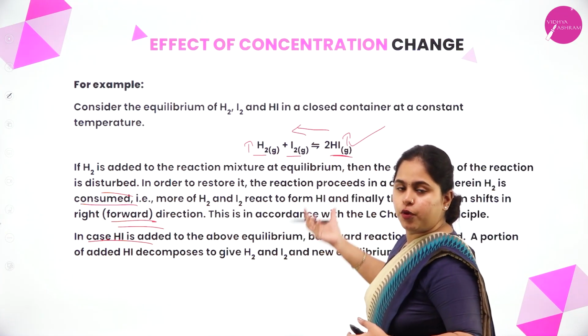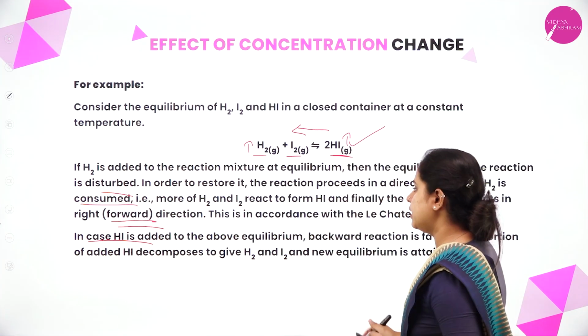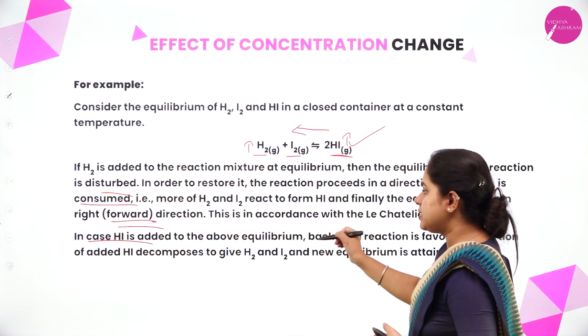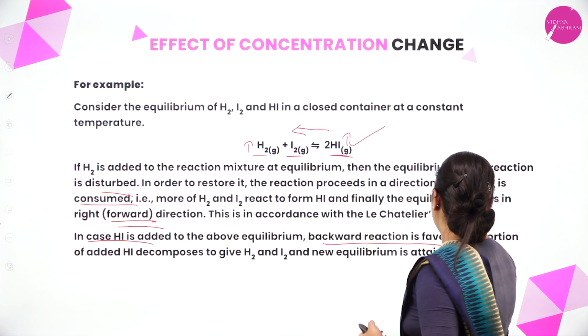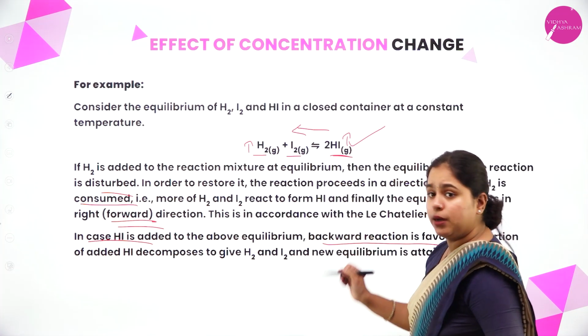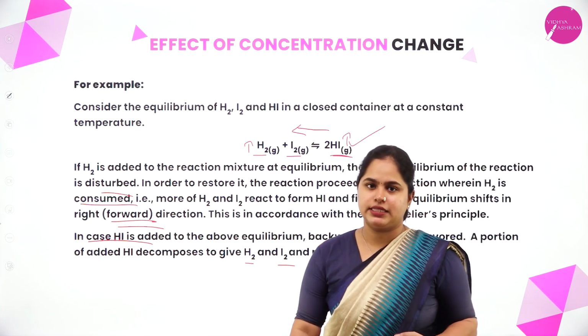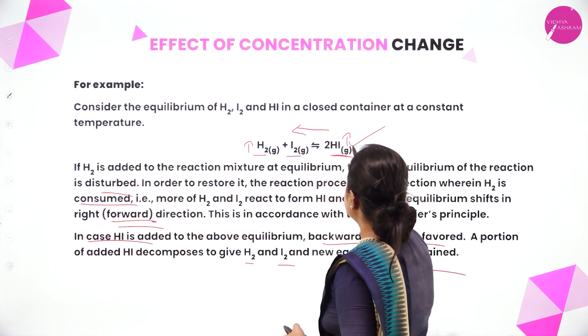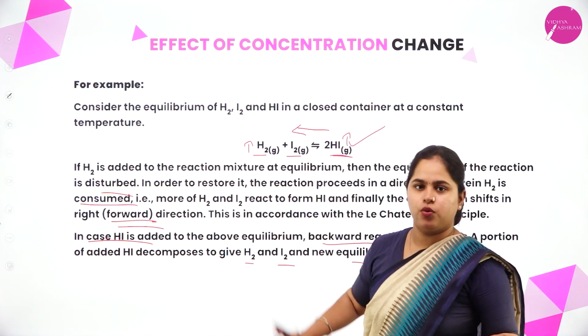So more products will get consumed and form back the reactants. So in case HI is added to the above equilibrium, the backward reaction is favored. A portion of the added HI decomposes to give H2 and I2 and a new equilibrium will be attained. So if we are increasing the concentration of the products, it will tend to favor the backward reaction.